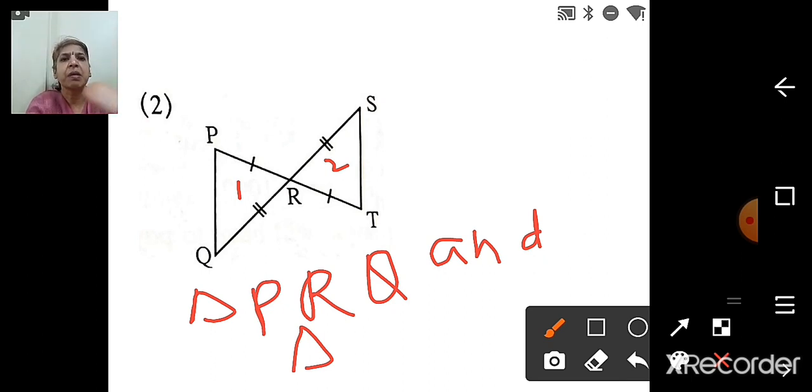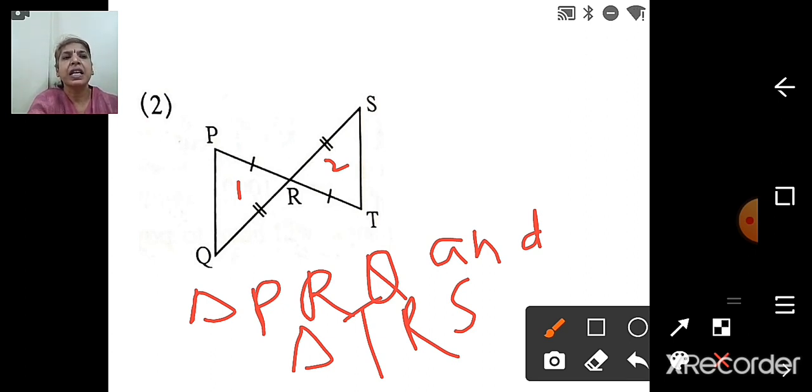For vertex P, the corresponding vertex is T, and for vertex Q, the corresponding vertex is S. So according to that we have named PRQ and TRS. So these are the names.